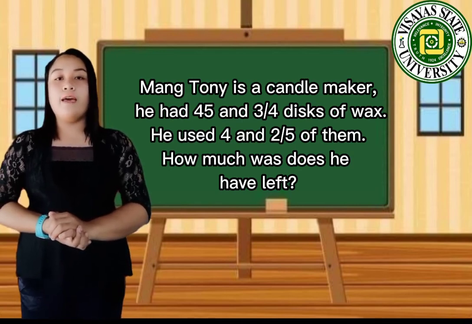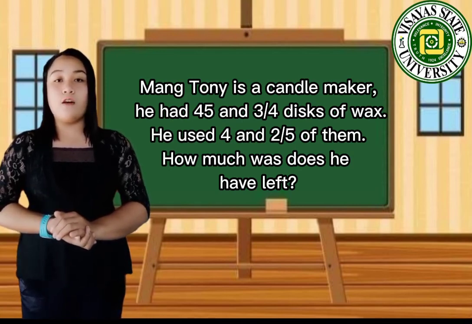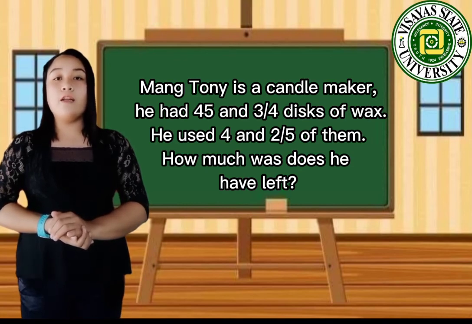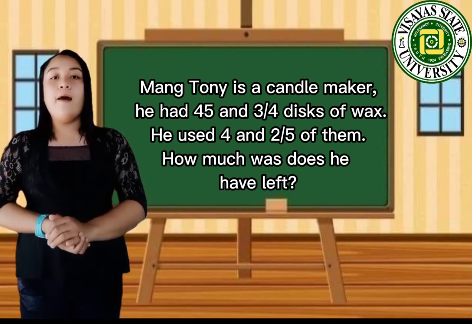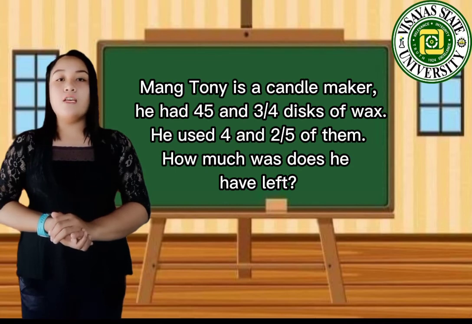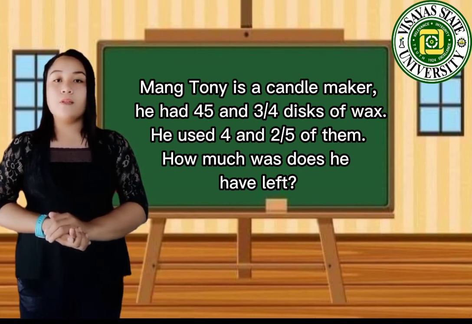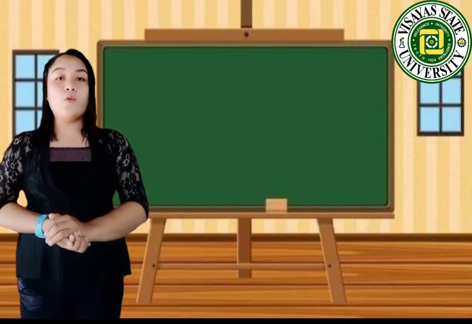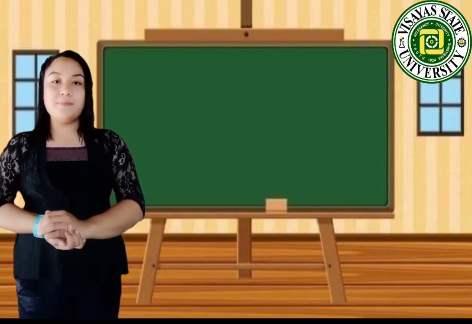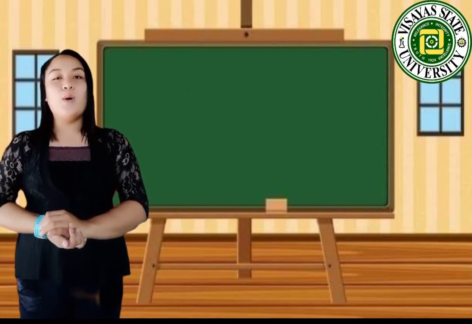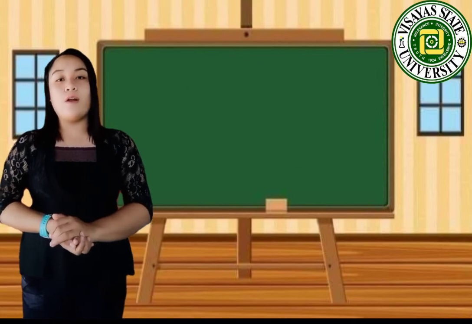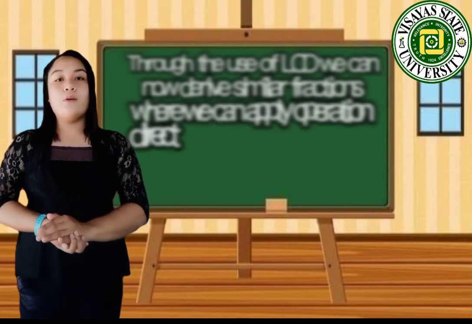For example, Mang Tony is a candle maker. He had 5 and 3/4 discs of wax. He used 4 and 2/5 of them. How much does he have left? What is asked and what are given in the problem?